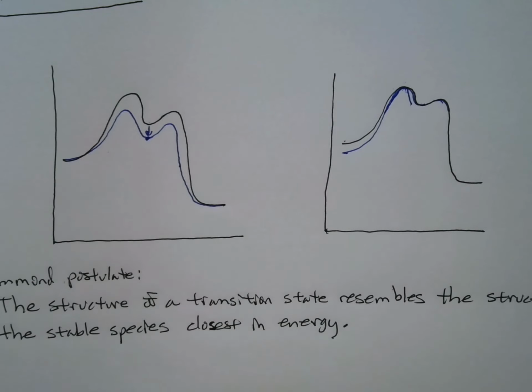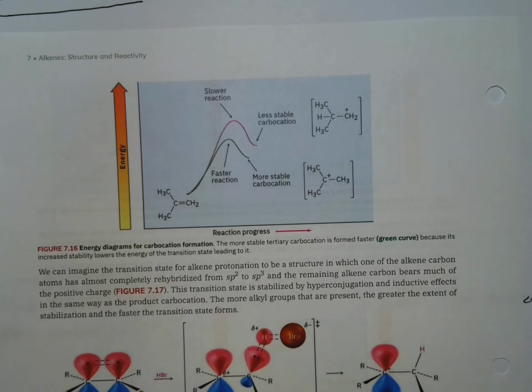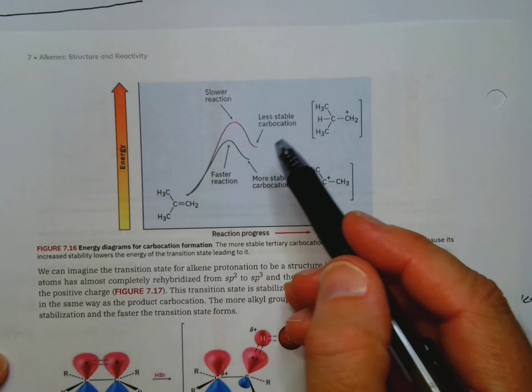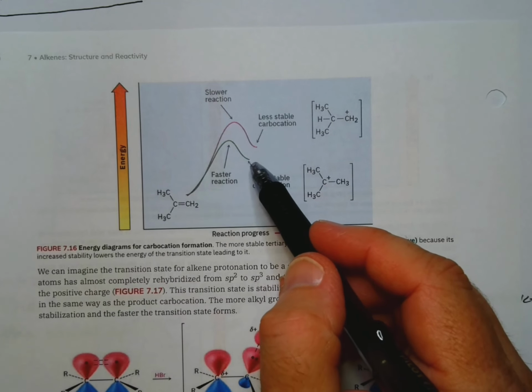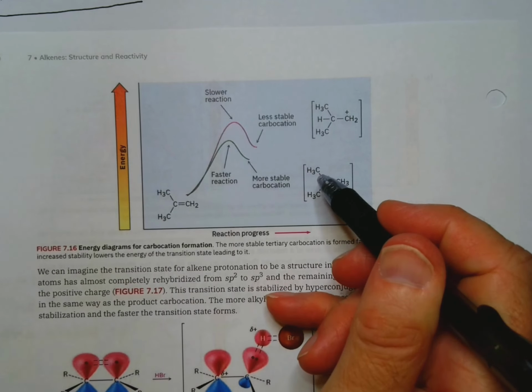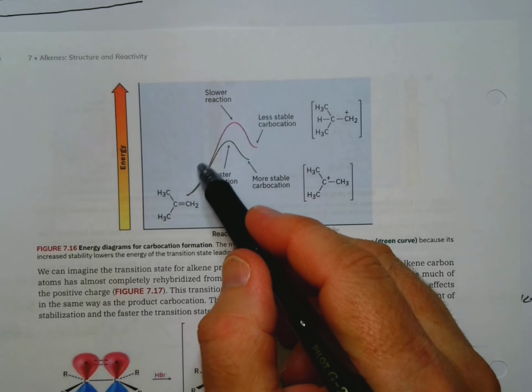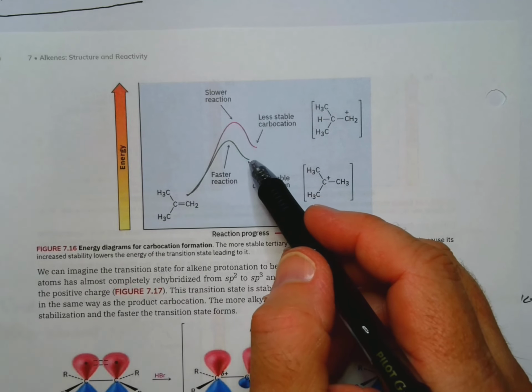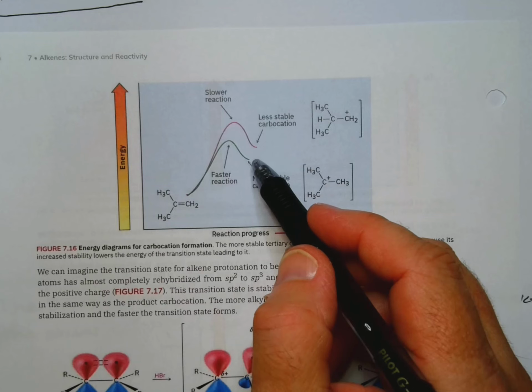Now I'll zoom back in. And just to show you the figure from the text, figure 7.16. And again, we're using the Hammond postulate to explain why the more stable carbocation gives us the faster reaction and gives us the major product that we observe.